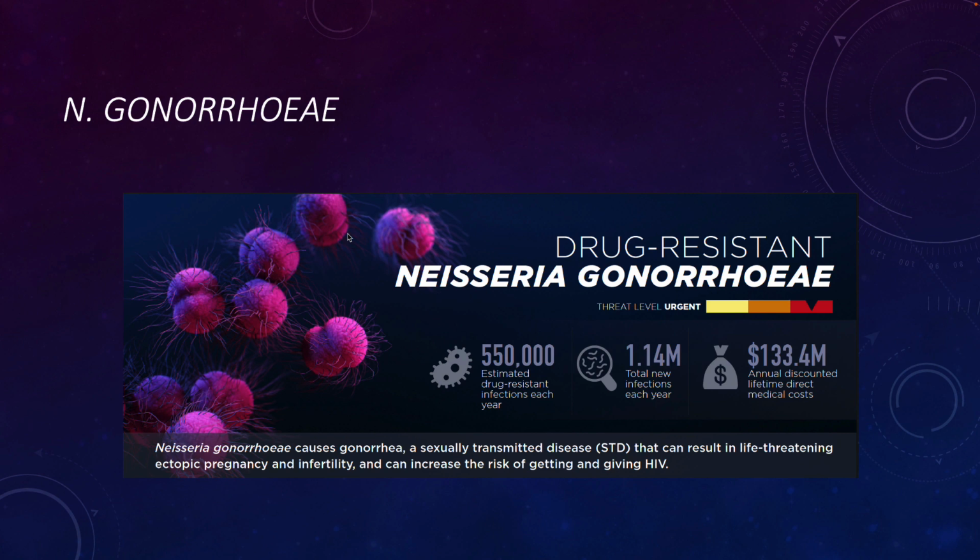And there were about 675 million that were actually diagnosed. So they're estimating that there are nearly twice as many people running around with gonorrhea than we think, because a lot of them are asymptomatic. And then if you look at lifetime direct medical costs, 133 million. So it causes a lot of issues.